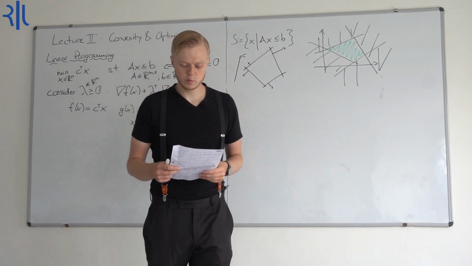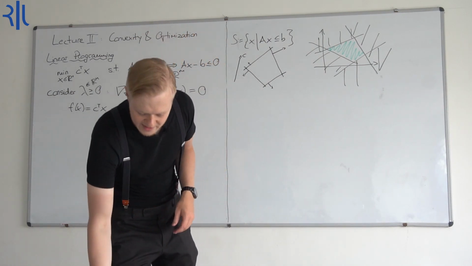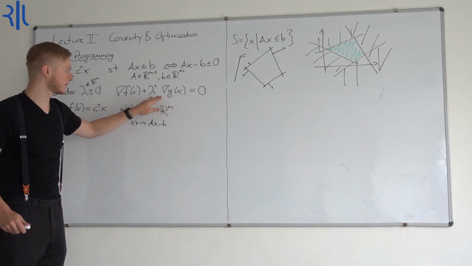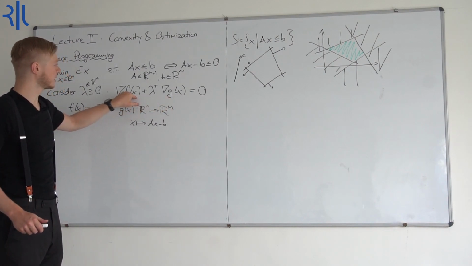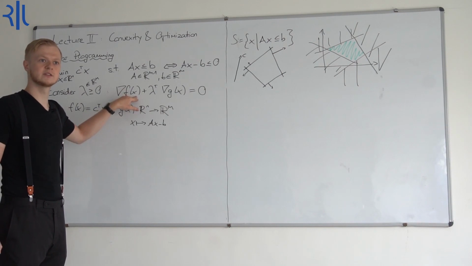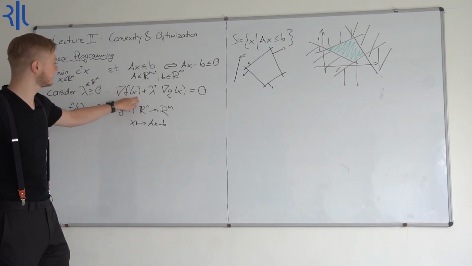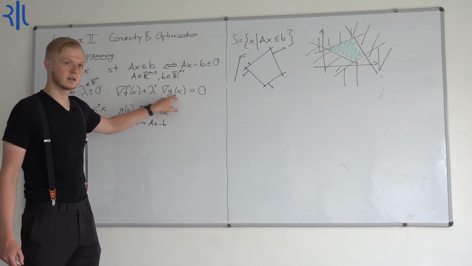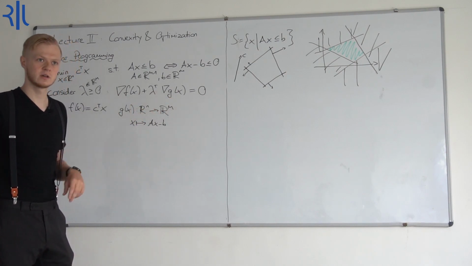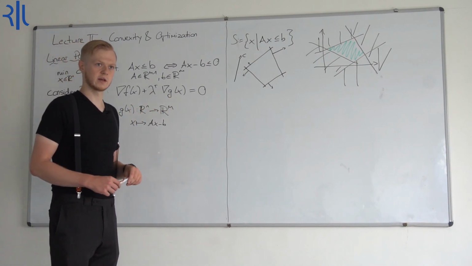And what we say with this equation here is that we can express the direction C in terms of gradients of the functions that make up G, which means we can kind of catch the gradient.